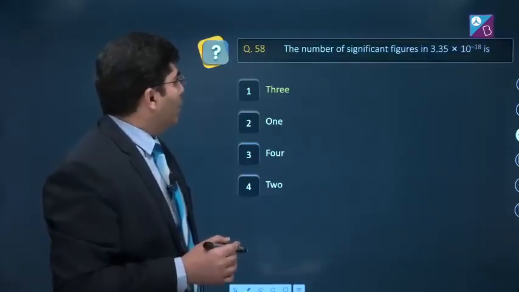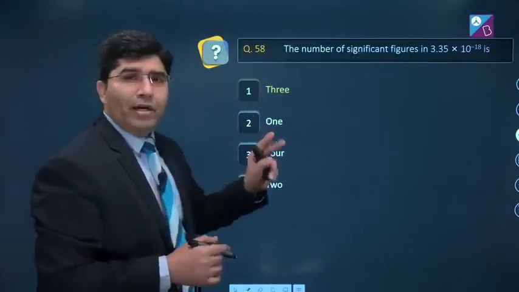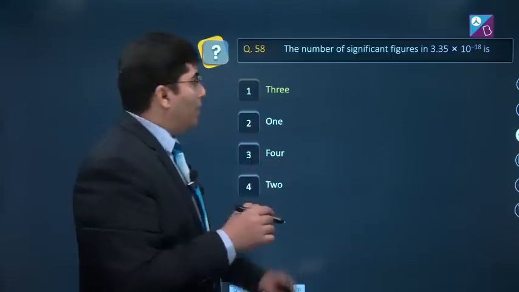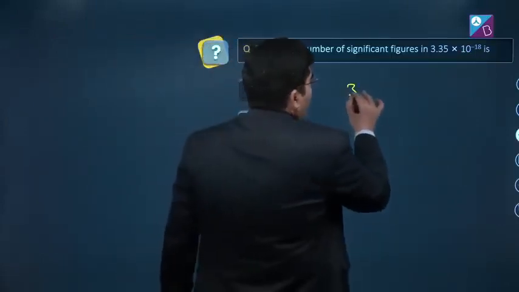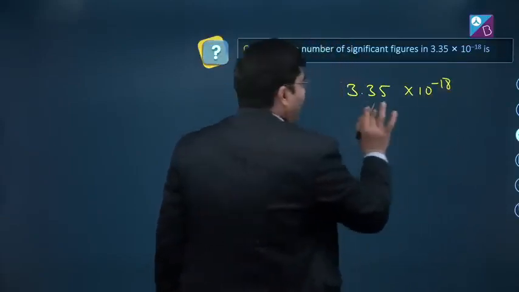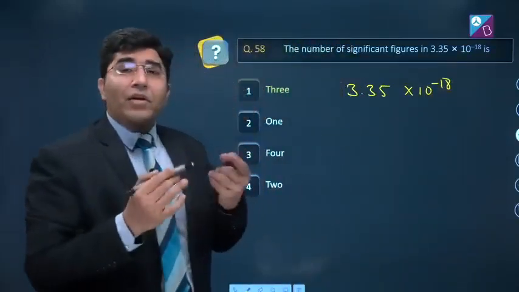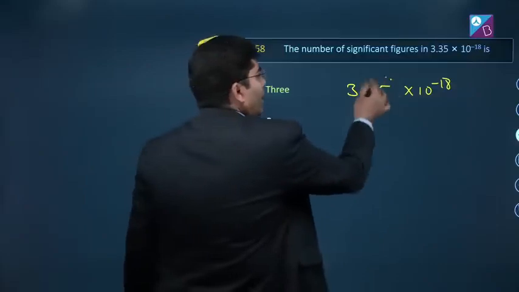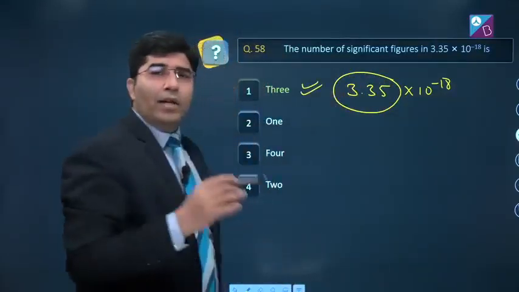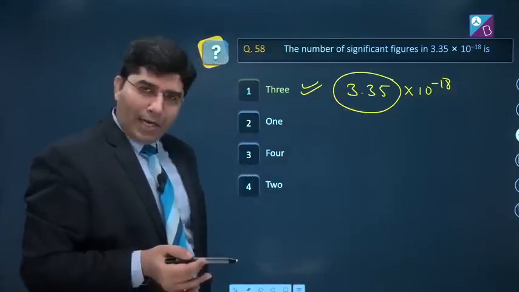Okay, the next one is the number of significant figures. You see the question, find the answer, so you should pick such questions first. This is 3.35 into 10 to the power minus 18. A number is given to you in scientific notation. You can see there are 3 significant figures, so the answer is 3 and you will get 4 marks, correct?